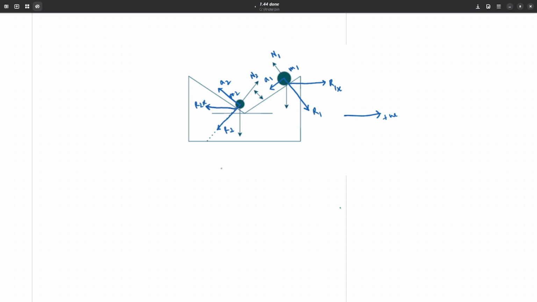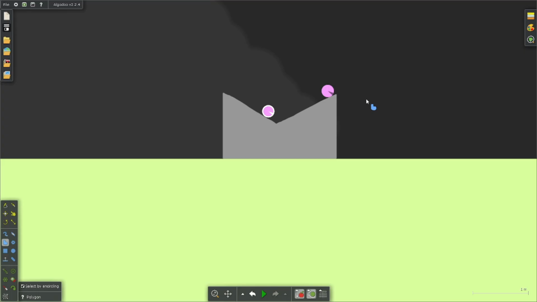As the system is moving towards the positive x direction, we can write the equation of motion for the support to be r1x minus r2x. If the horizontal component of the normal contact force due to m1 had not been equal to that of m2, the support would gain an infinite amount of acceleration, which is ridiculous.